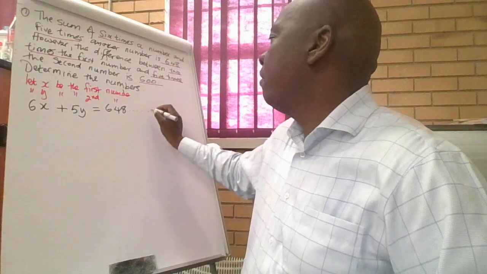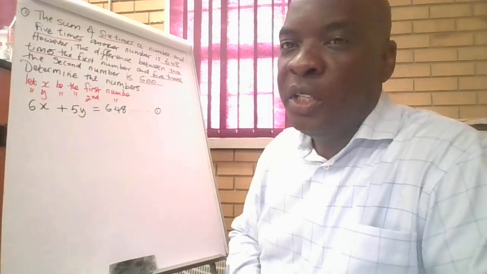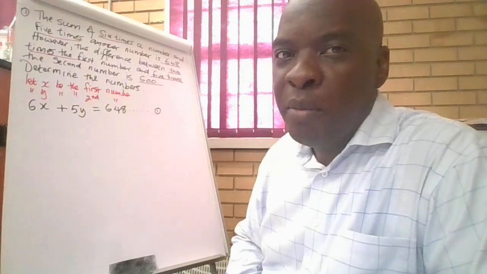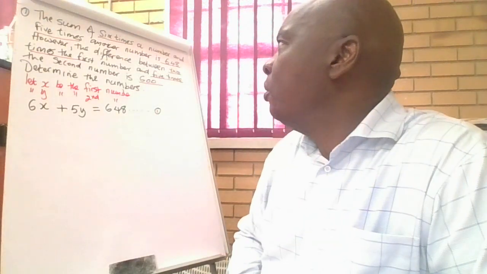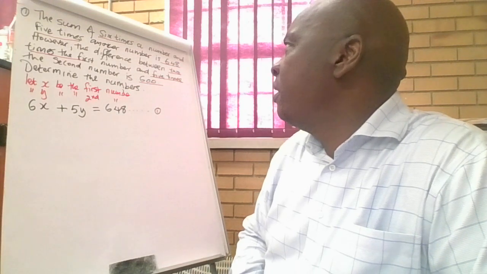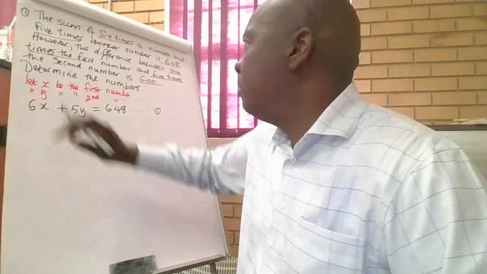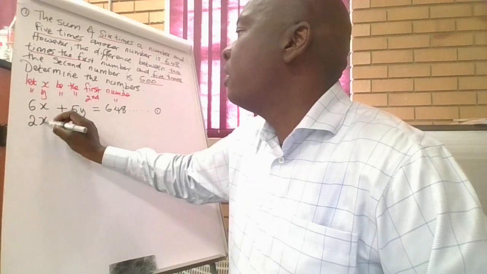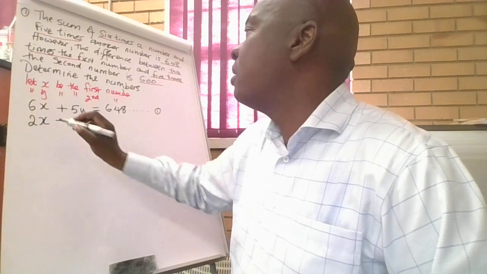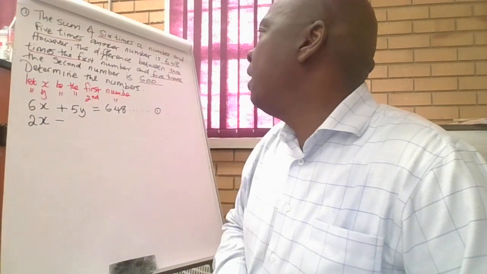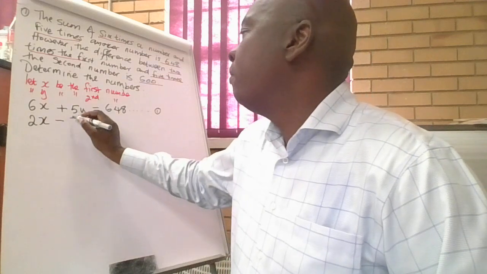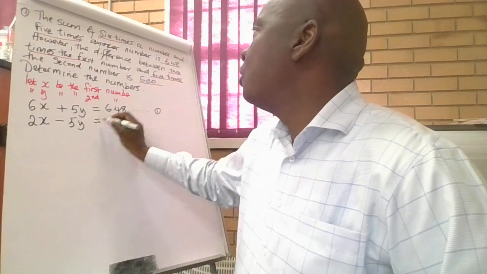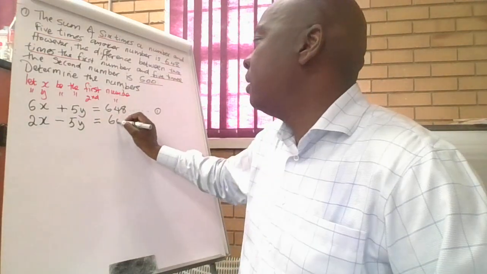So you can see I've actually formulated an equation, and I can call this equation number 1. Now you look at the next statement. It says, however, the difference between 2 times the first number, so that is 2 times x, and the difference, that means minus, 5 times the second number, 5y, should give me 600.